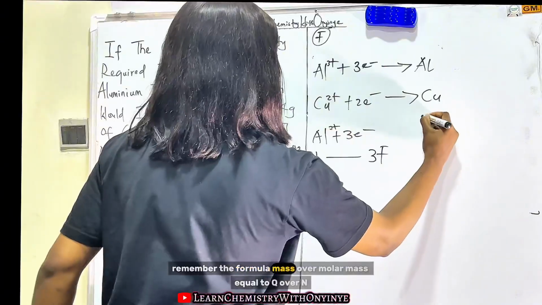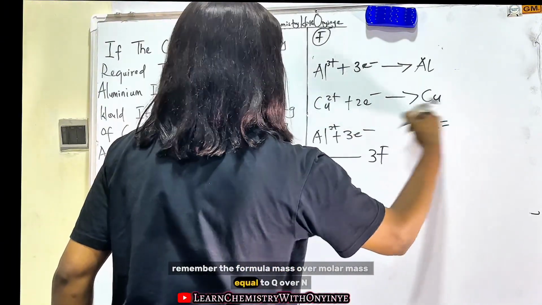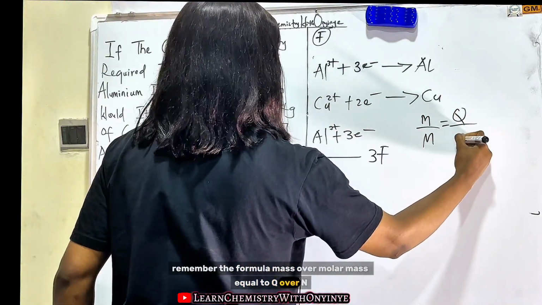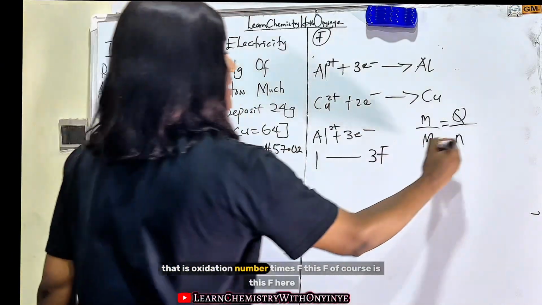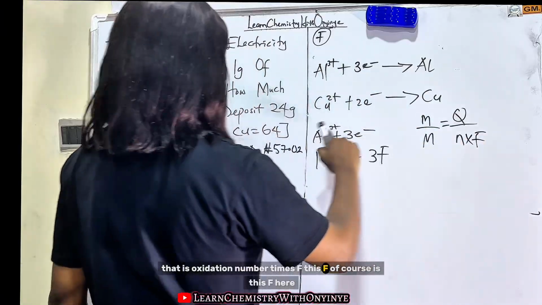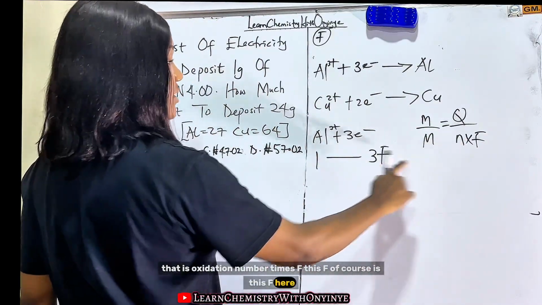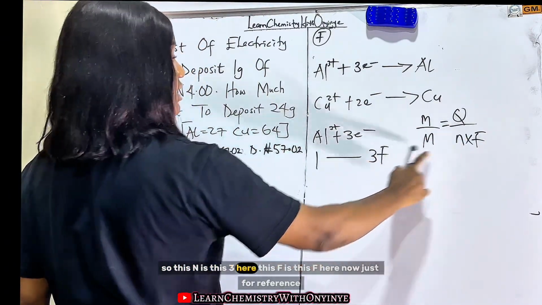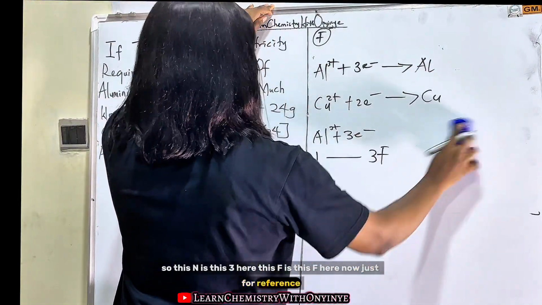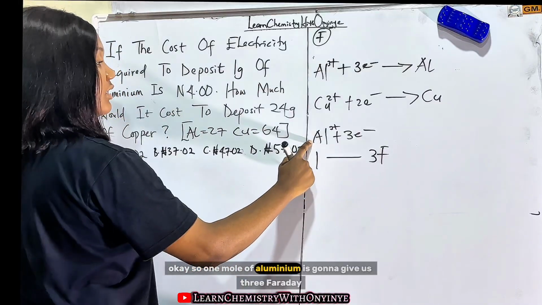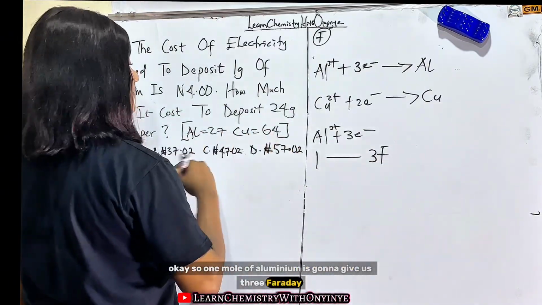Remember the formula, mass over molar mass equal to Q over N times F, N representing the oxidation number. This F, of course, is this F here. So this N is this 3 here, this F is this F here. Now, just for reference, okay? So 1 mole of aluminium is going to give us 3 Faraday.